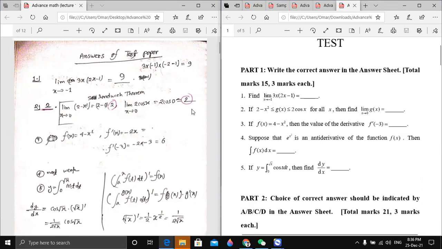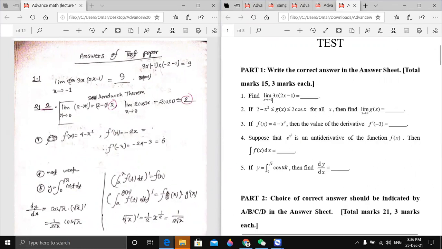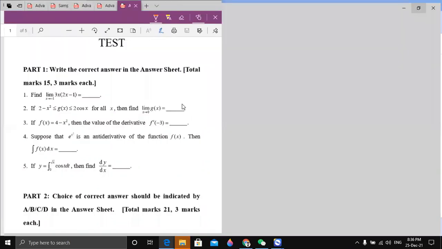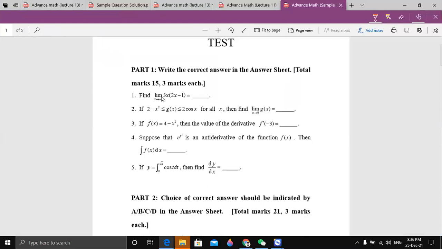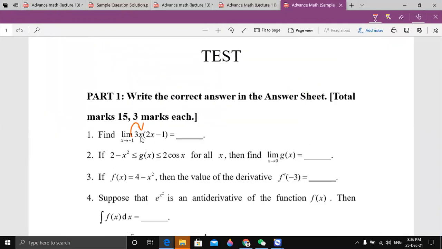Okay. So firstly, we have to find the limit as x tends to -1 of 3x into 2x minus 1. You see here, we can directly put the value of x here, because x is equal to -1.